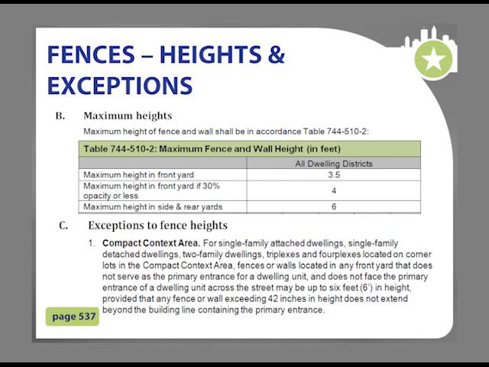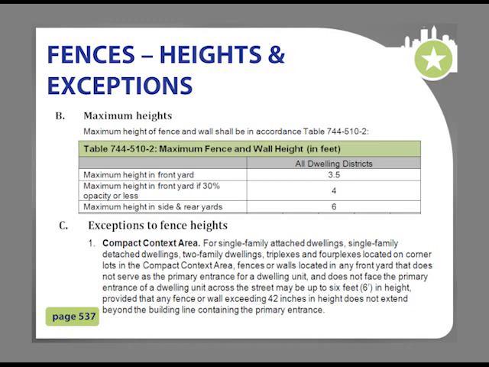Another key change that I want to point out is we've had a long-standing exception to fence height in the current ordinance, and it relates to different development districts within the city. We've eliminated those, and now the permitted exceptions follow the compact context area.